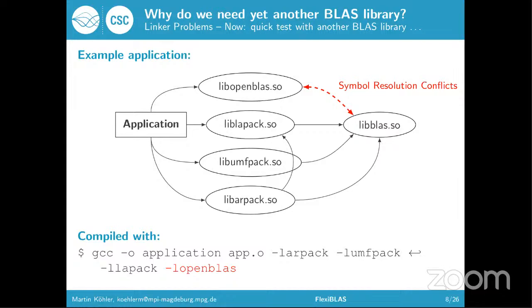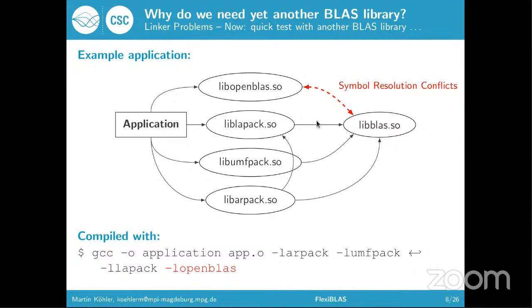Okay, then I tried a quick test with another BLAS library, to see how it behaves with OpenBLAS. I only changed the linking line, adding OpenBLAS instead of the standard BLAS library. And that leads to a simple symbol resolution conflict. I thought the application would run, but instead I got a segfault.